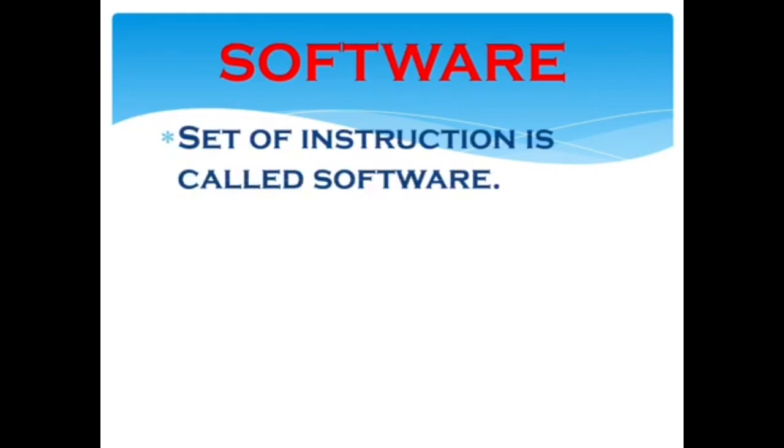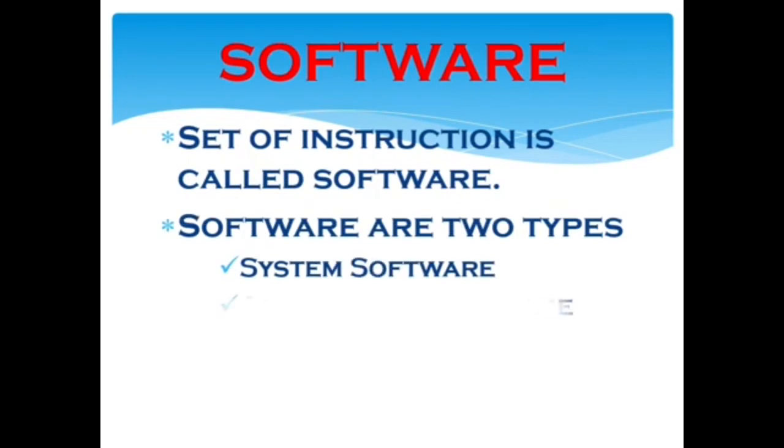The next one, we will see what is software. A set of instructions is called software. I said without hardware, software will not work, and without software, hardware will not work. Hardware is the physical part of the computer that we can see and touch. But software we cannot touch or feel.